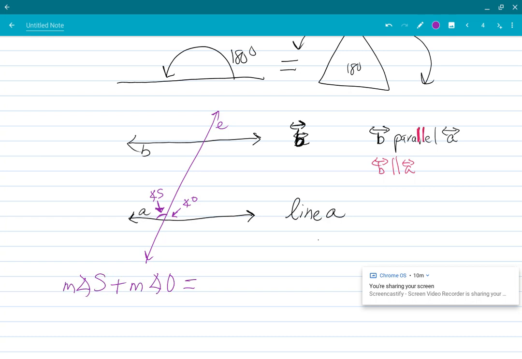What does that equal? 180, because we know it's a line, right? So that's a line. Duh. Make sense? Both of the angles together.